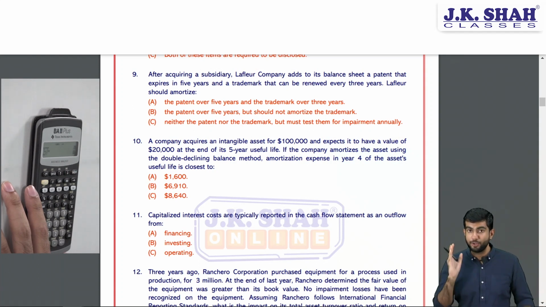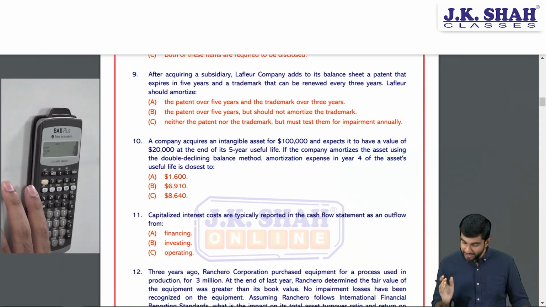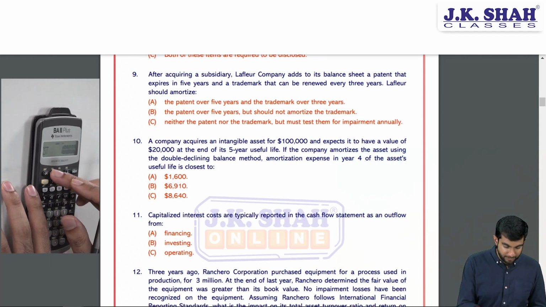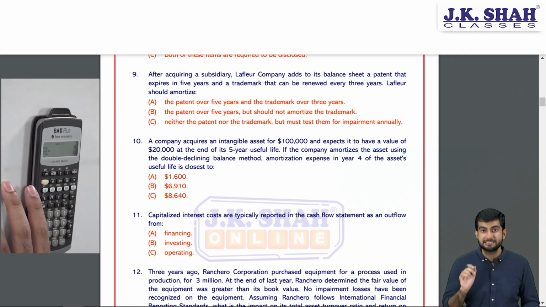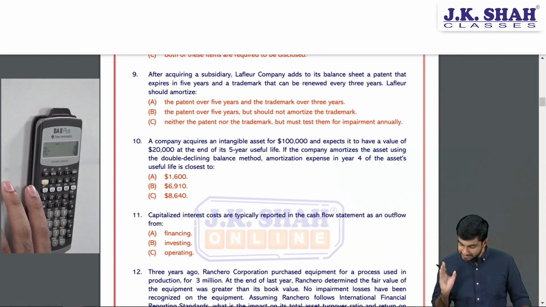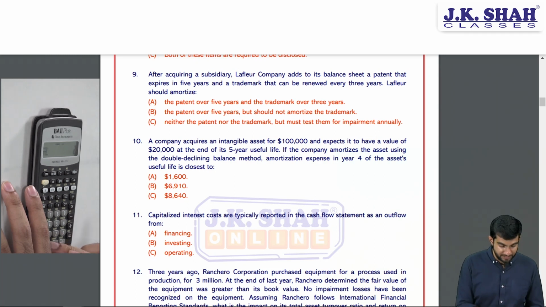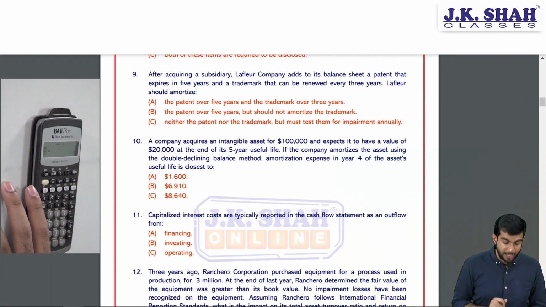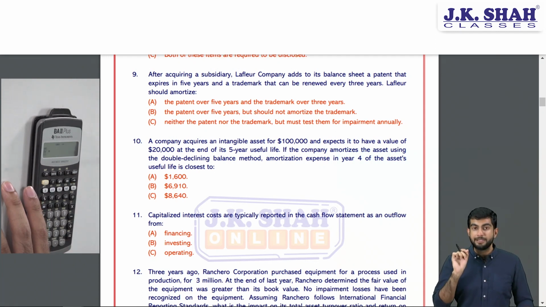CST stands for the cost of the asset, which is $1 lakh in my question. $1 lakh, enter, down arrow. SAL stands for the salvage value. The salvage value is $20,000 at the end of 5-year useful life. So I input $20,000, enter, down arrow. Down arrow.